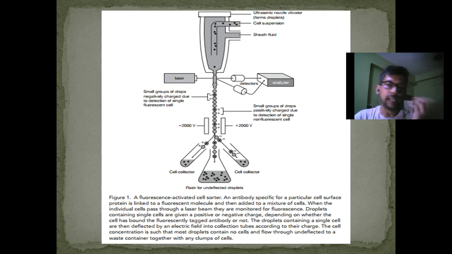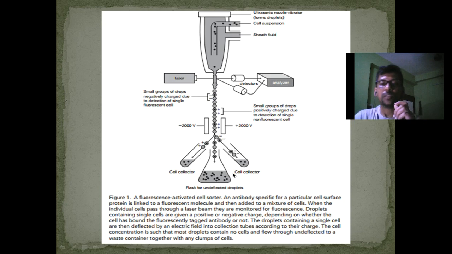Some of them may attach and some do not. Depending on their quality and charged nature, they are separated into various cell collectors, like this positively charged one here, negatively charged one here, and deflected ones collected here.